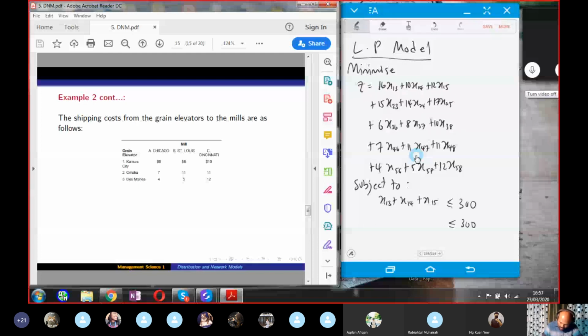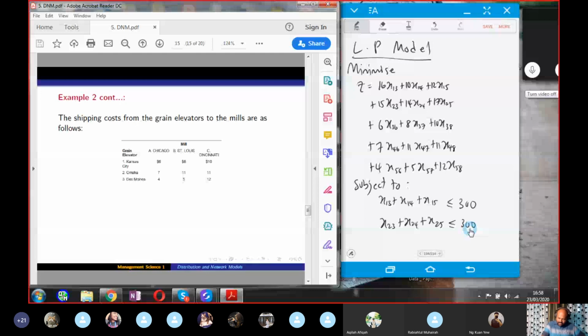And this one is X23 plus X24 plus X25 less than or equal to 300. After this, we move on to the customer demand.